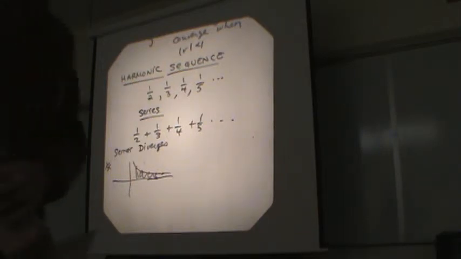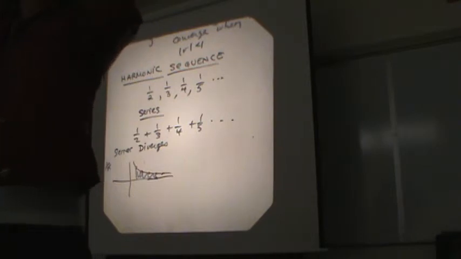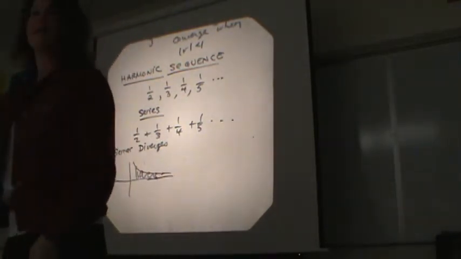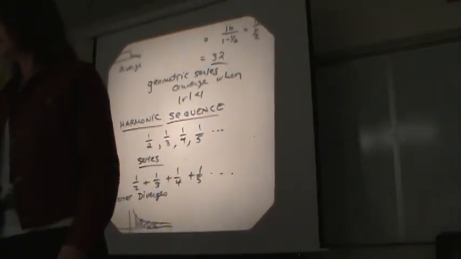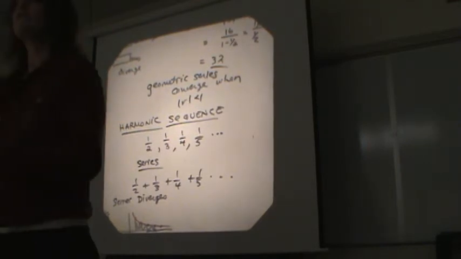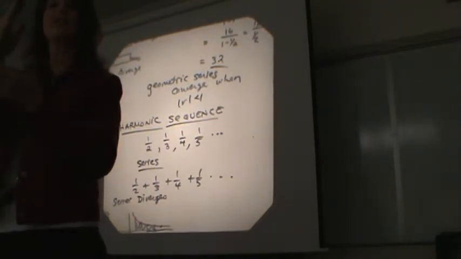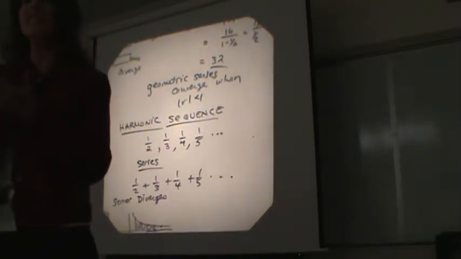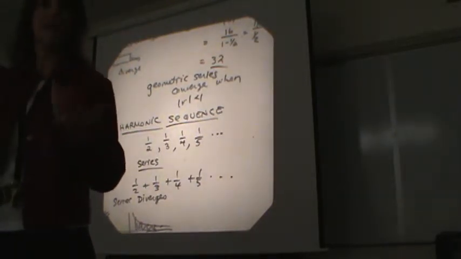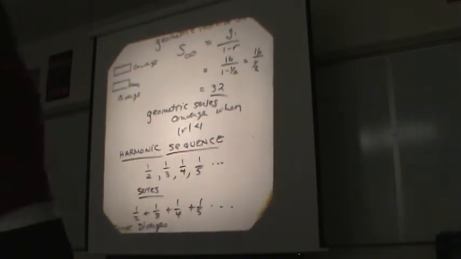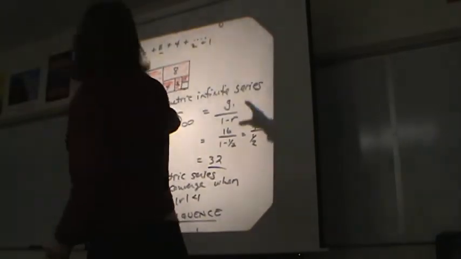Did she go over what a partial sum is? A partial sum would be, what's the sum of the first 4 terms? What's the sum of the first 5? The sum of the first 6? So you can see what the running total is doing behaviorally, which is actually what we did here.